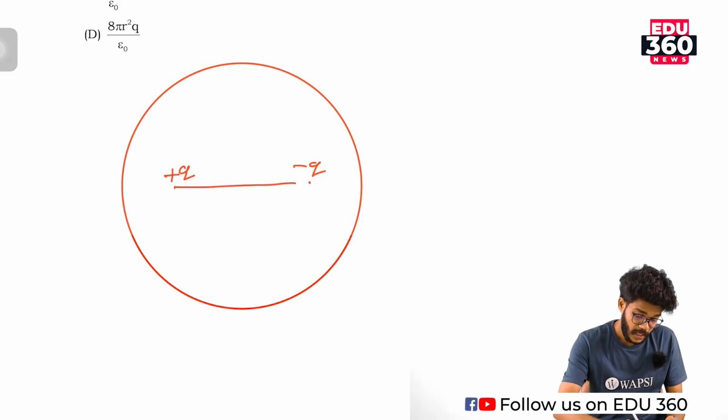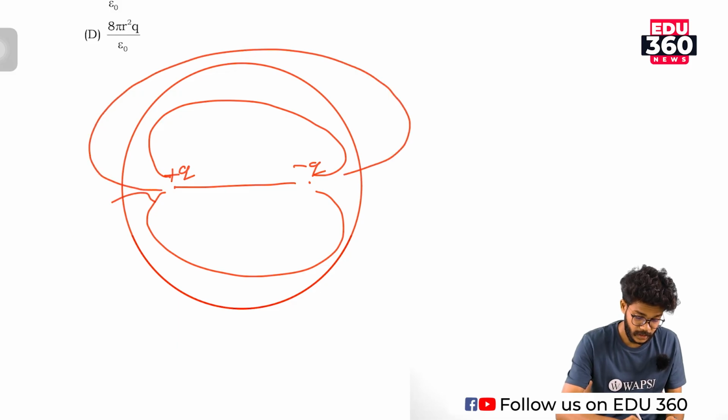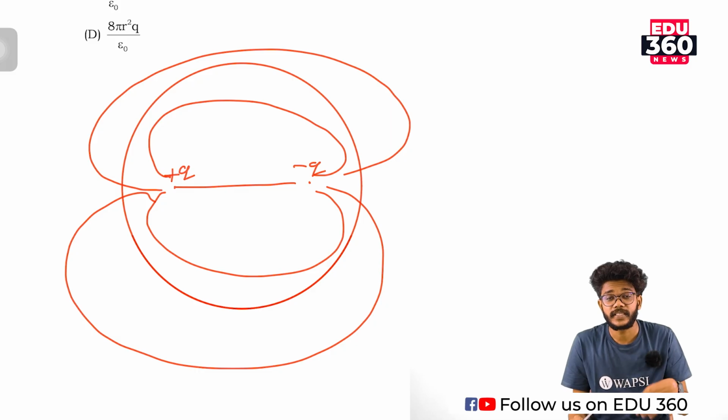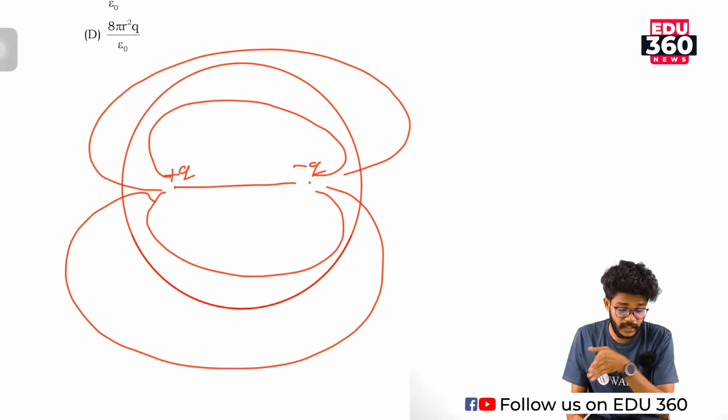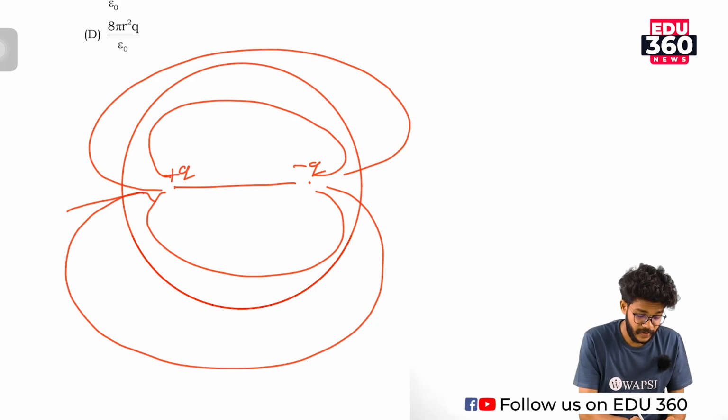So when we draw the diagram, all lines going out from the plus q charge will enter the minus q charge in the opposite direction. That means they leave from here and enter here.